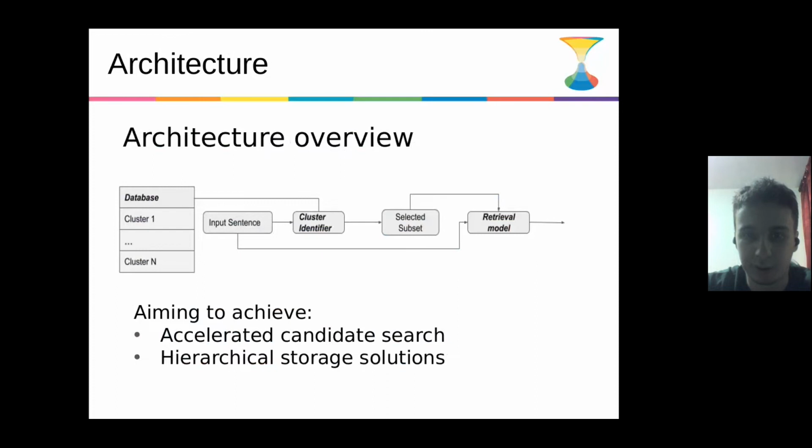What we do instead is use a filtering mechanism called the cluster identifier that allows us to select a subset of responses to look into, and then we use the retrieval model on this subset only. So this will allow us to have an accelerated candidate search and also is suitable for hierarchical storage solutions due to the clusters.